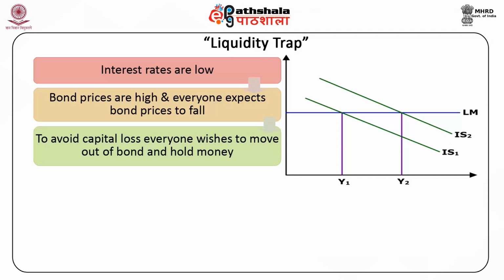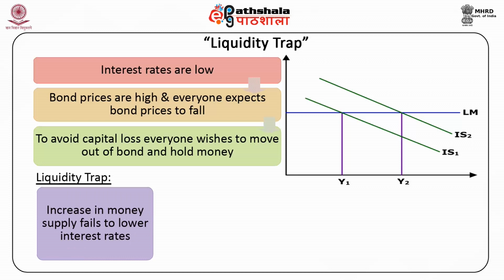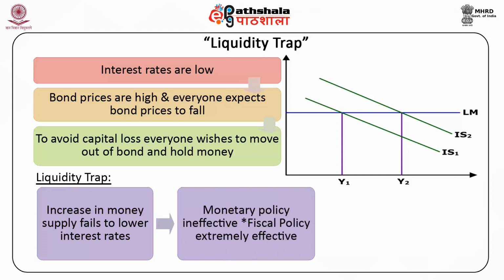and hold money. Once the economy is in a liquidity trap, an increase in money supply fails to lower interest rates any further, since people willingly hold any extra money that is pumped into the system. In this case, monetary policy is ineffective as it has no impact on output.